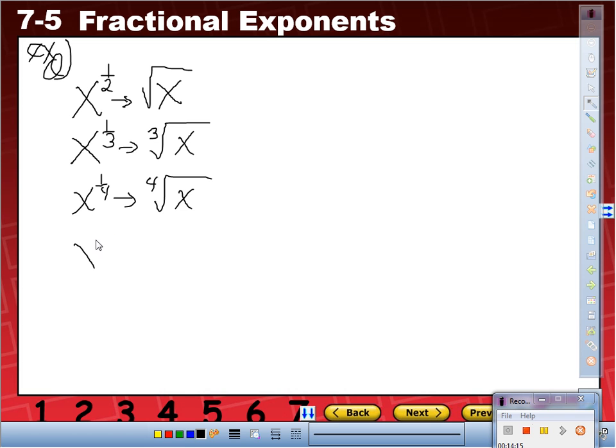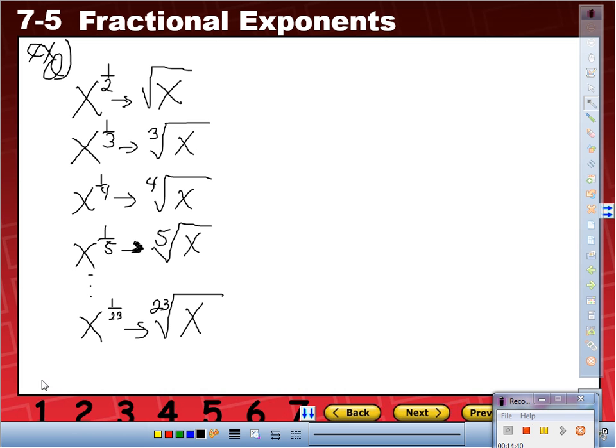If I wrote x to the 1/5, that becomes 5th root of x. Dot, dot, dot. If I wrote x to the 1/23, what does that become? 23rd root of x. Yes.